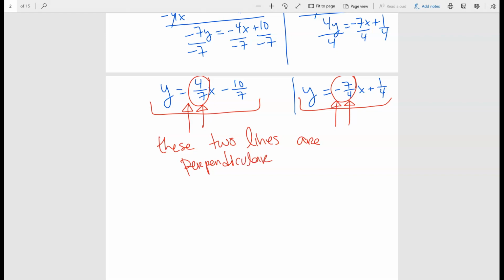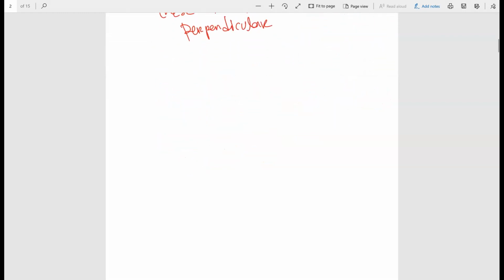Looking at them, making them into y equals mx plus b is basically the easiest way to do it. Now let's do a problem where you actually have to create a parallel line and a perpendicular line.